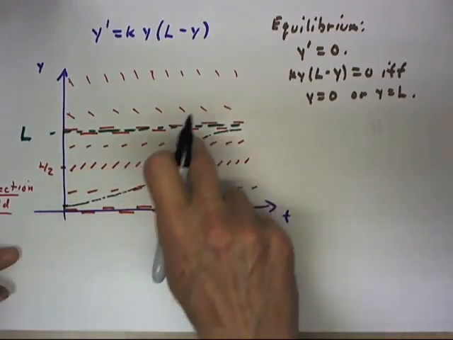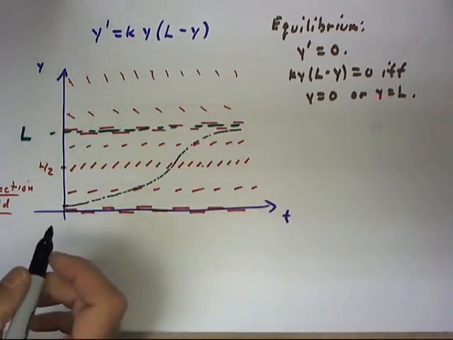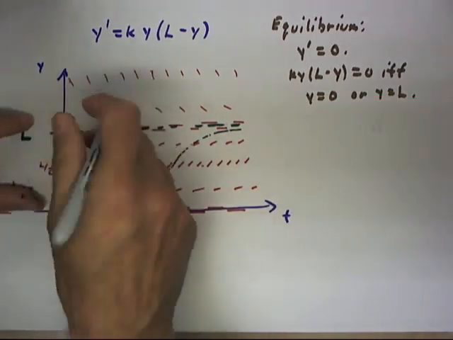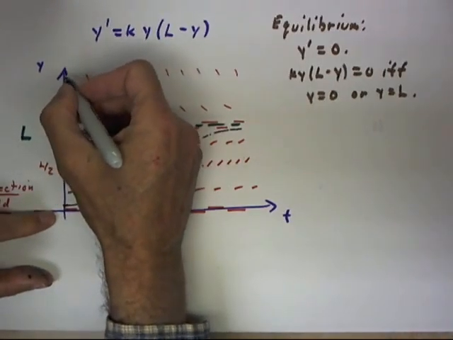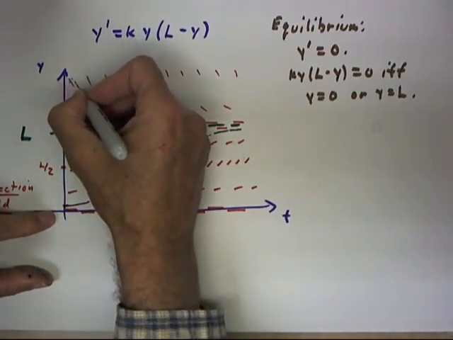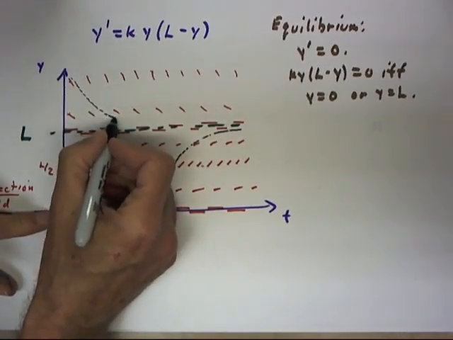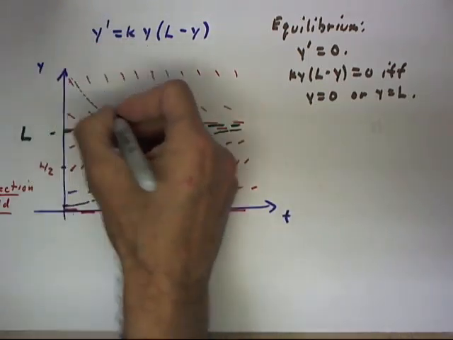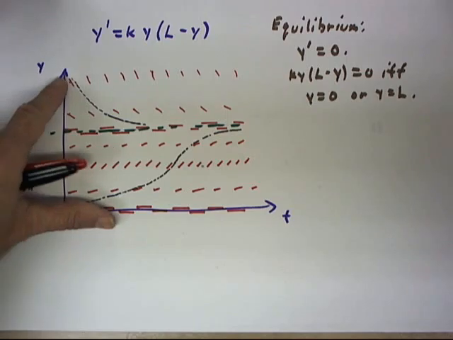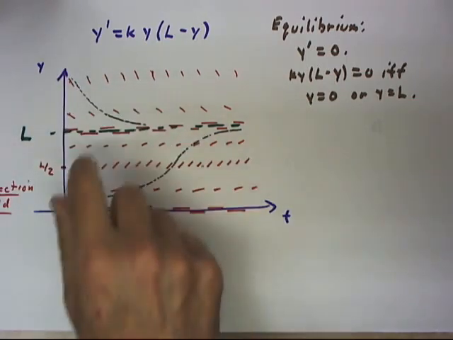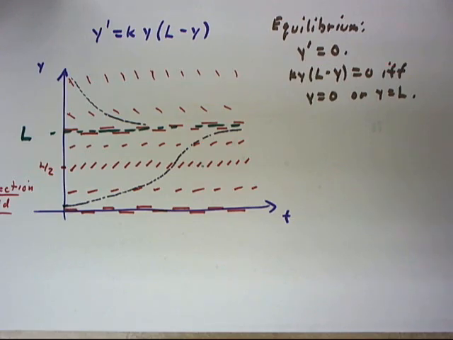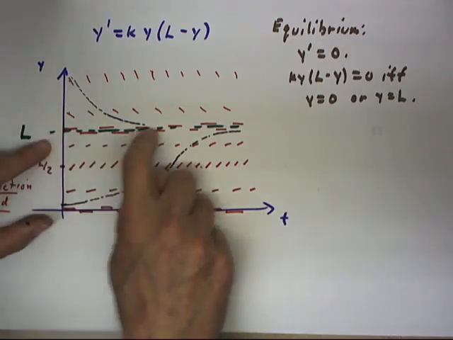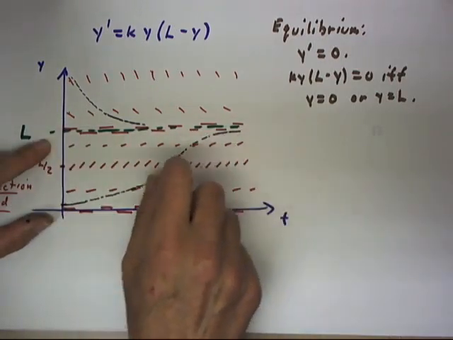That's going to give us our typical sigmoid solution to the differential equation, consistent with the analytical solutions we've been looking at. And if y is greater than L, that's going to bring us down rather quickly, and we're going to approach the y equals L line in an exponential fashion as we come back down. So we can say that the y equals L line is a point of stable equilibrium.